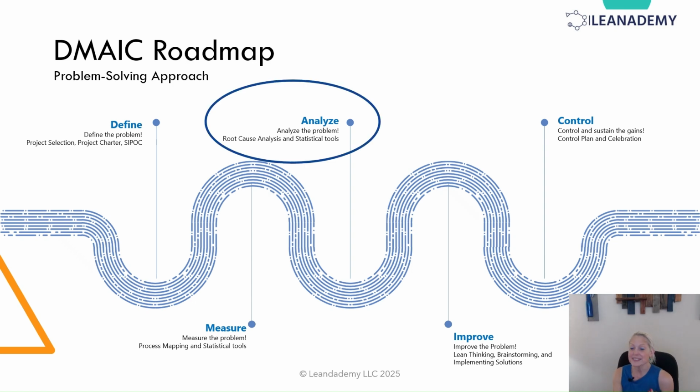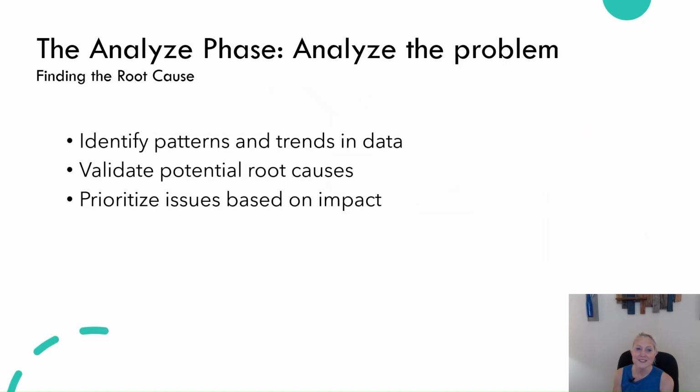Analyze. What does analyze mean in this problem-solving roadmap? So the analyze phase is pretty much where we analyze the problem. We are finding the root cause. Remember I talked about before, usually when we develop that problem statement and our goal statement, the problem statement is basically a symptom of the problem, or the root cause.